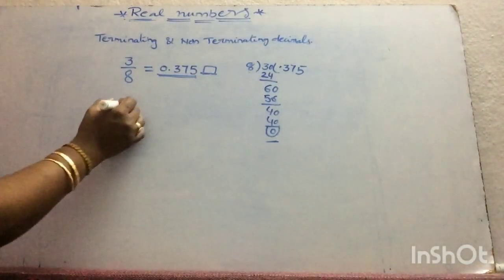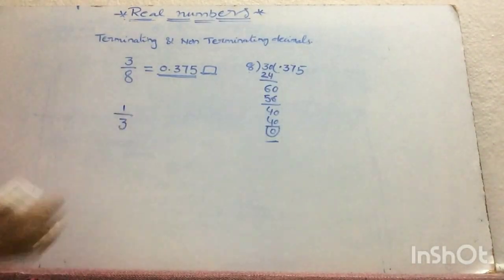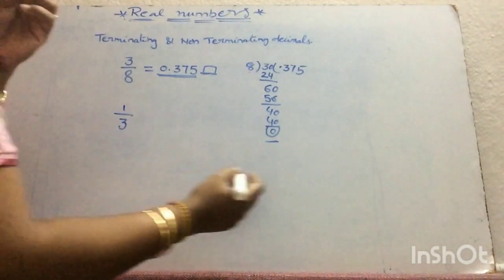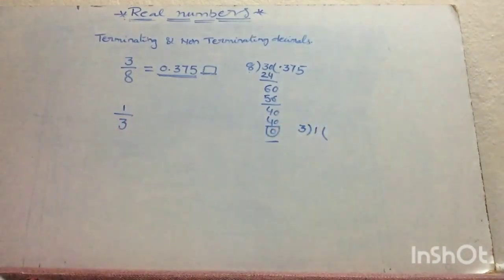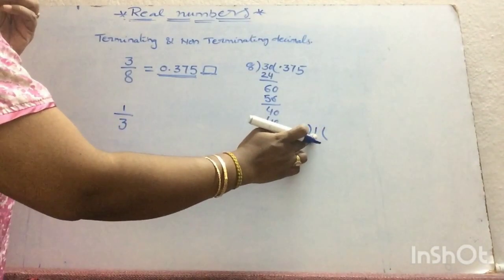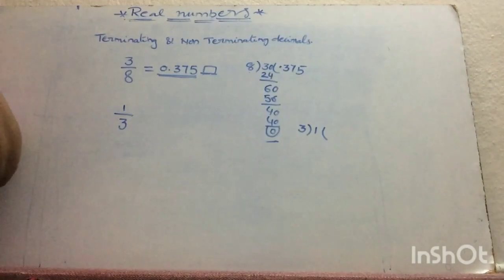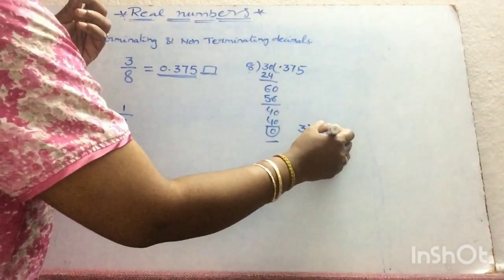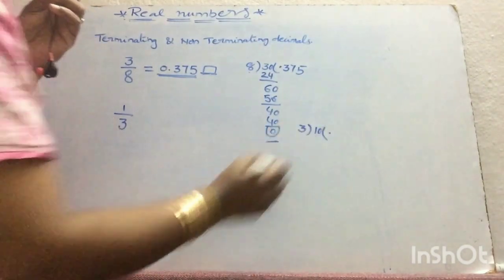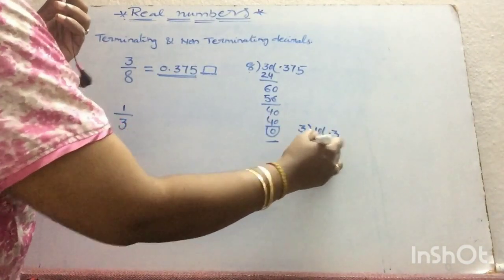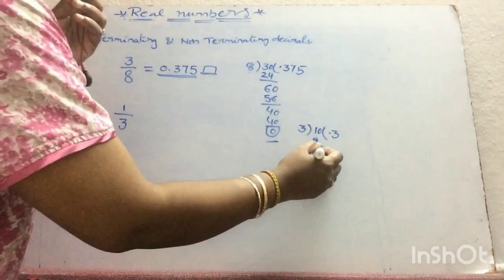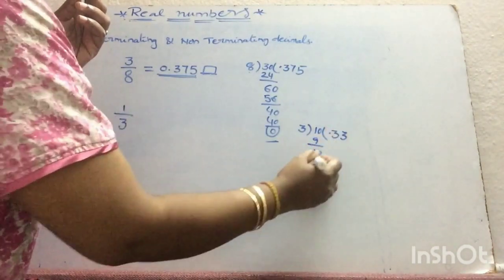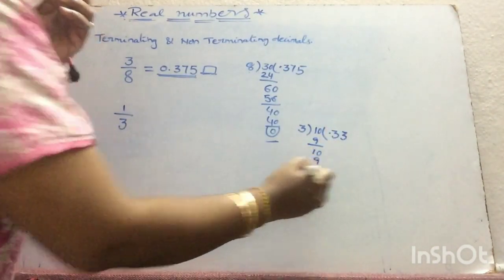Suppose I take 1 by 3. If we divide 1 by 3, 1 is less than 3, so I put a point here, put 0 here, and 3 3s are 9, and the remainder is 1. Again I put 0, and 3 3s are 9 and remainder 1.